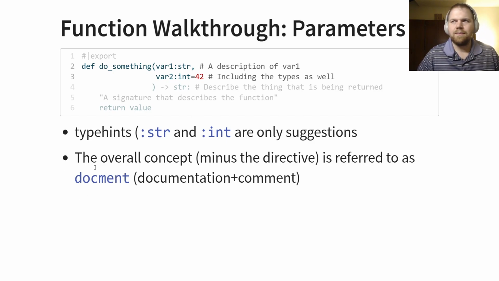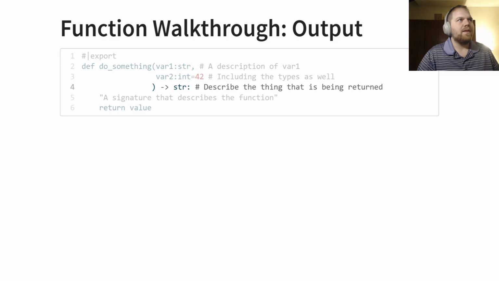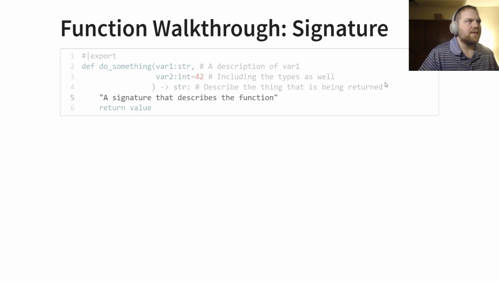So I'll share a link to this whole documentation setup, so you can go look through these slides yourself as well. The output looks very similar to our parameters line. You'll see the type hint, which says what type we're going to expect out here, and then a comment that says what the return is going to give us.